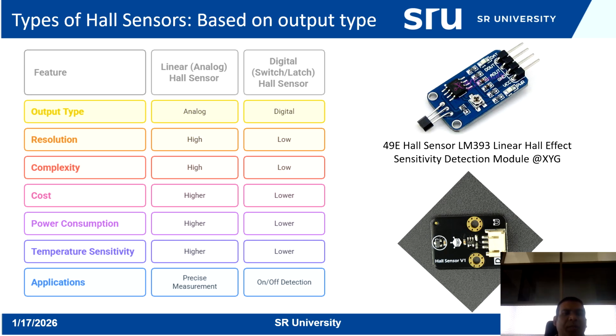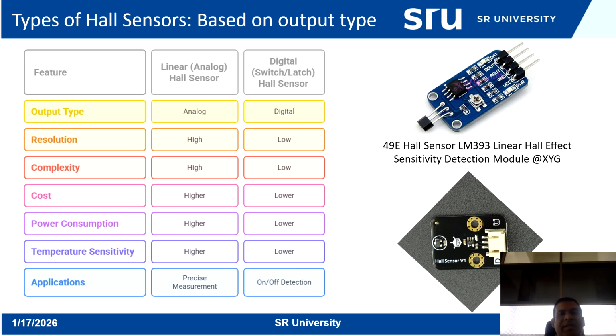Next one is bipolar Hall sensor. It requires a north pole to activate and a south pole to deactivate, or vice versa. Hysteresis is needed for noise immunity. What is the application? Speed detection, then position monitoring. Okay.